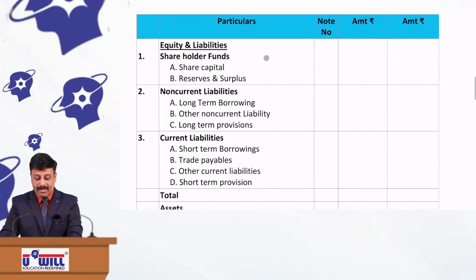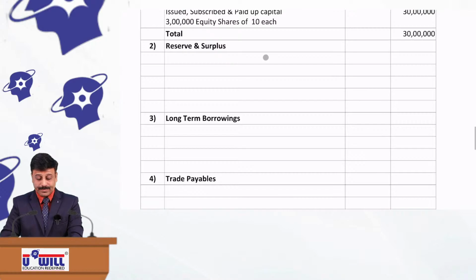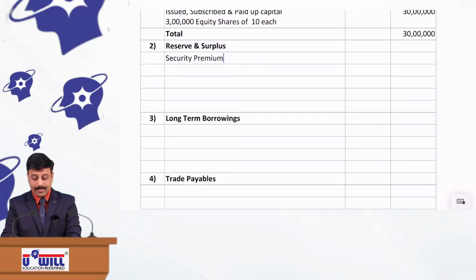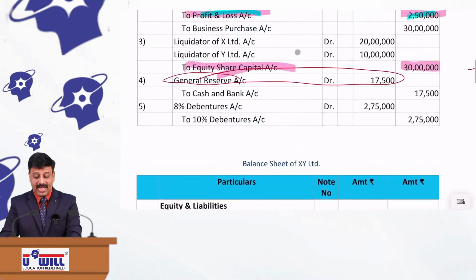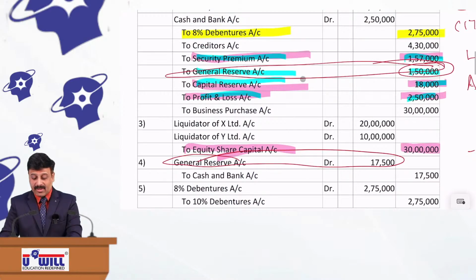Very first, securities premium 1,57,000. Then general reserve 1,50,000 minus 17,500. Okay, so 1,32,500. Then after general reserve, what do we have in the journal entry? Capital reserve 18,000.